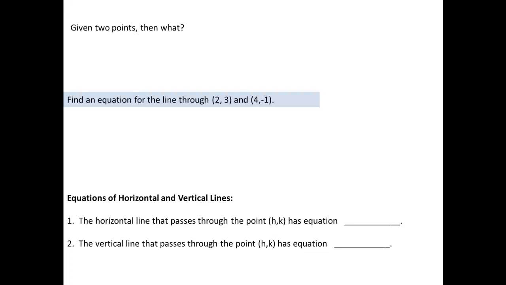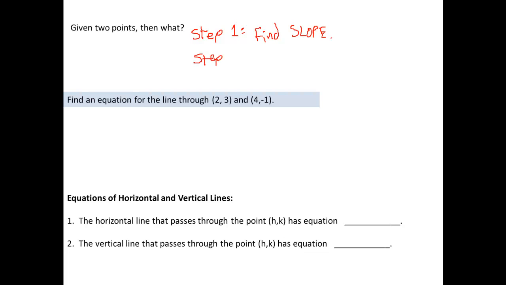We've talked about what to do if you have the slope and the y-intercept, and we've talked about what to do if you have the slope and some other point. What do I do if I have just 2 points? We'll break it into 2 steps. Step 1 is going to be find the slope using the definition of slope. Find m.